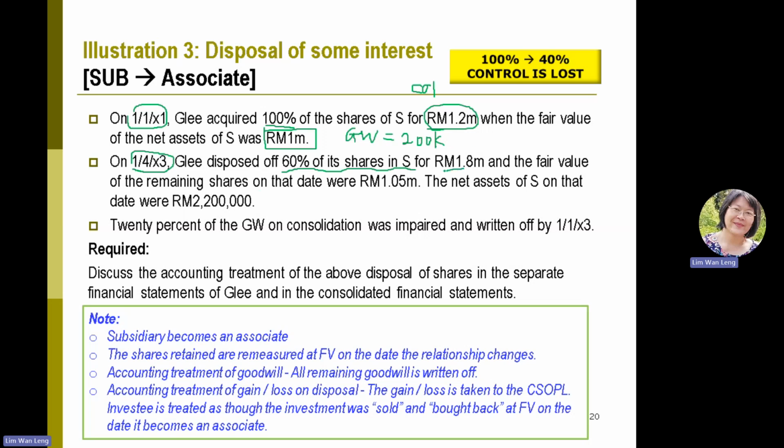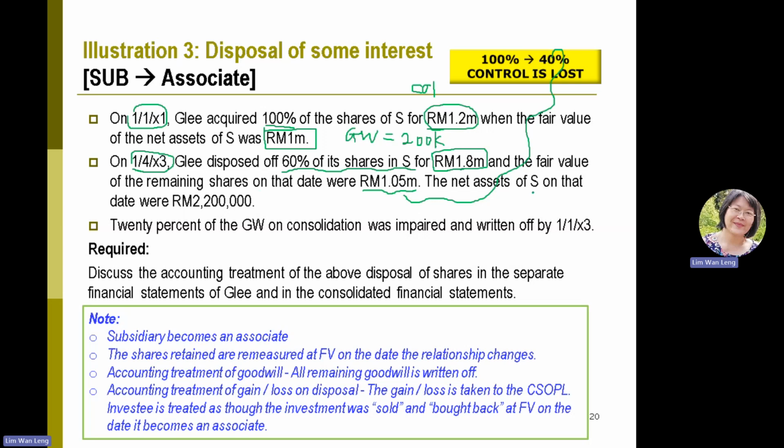Then what was the proceeds? 1.8 million. And then the question gave you the fair value of the remaining shares on that day. So in other words, this 40% fair value is actually 1.05 million.